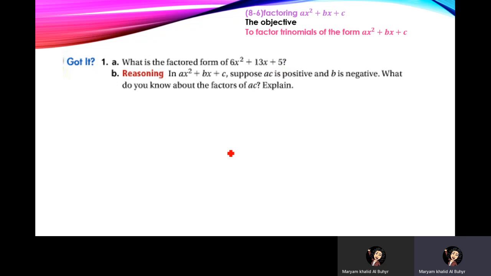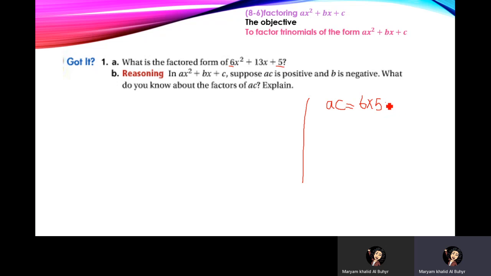If you are solving a test or anything, you are going to say, all right, miss, first of all, I will multiply 6 and 5 so I can see the numbers that I need to factor. So, miss, what is AC? AC is 6 times 5.